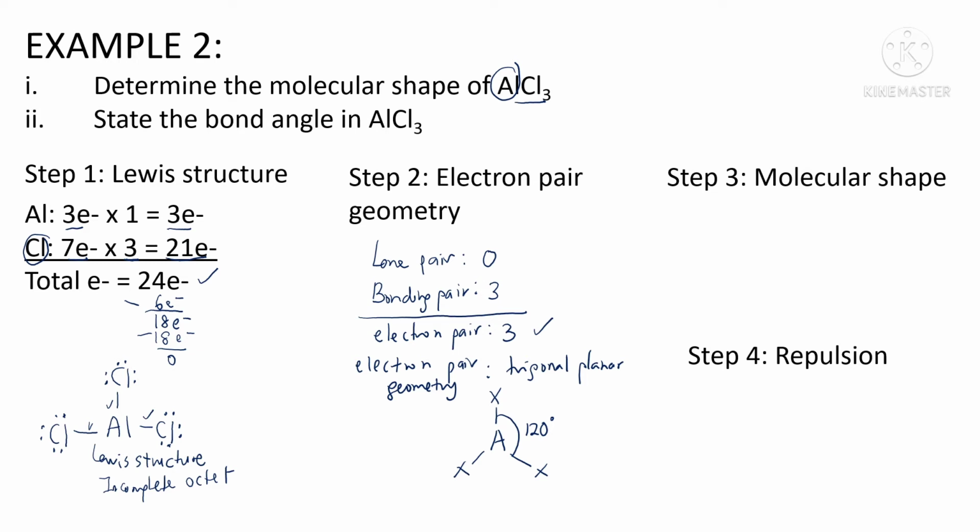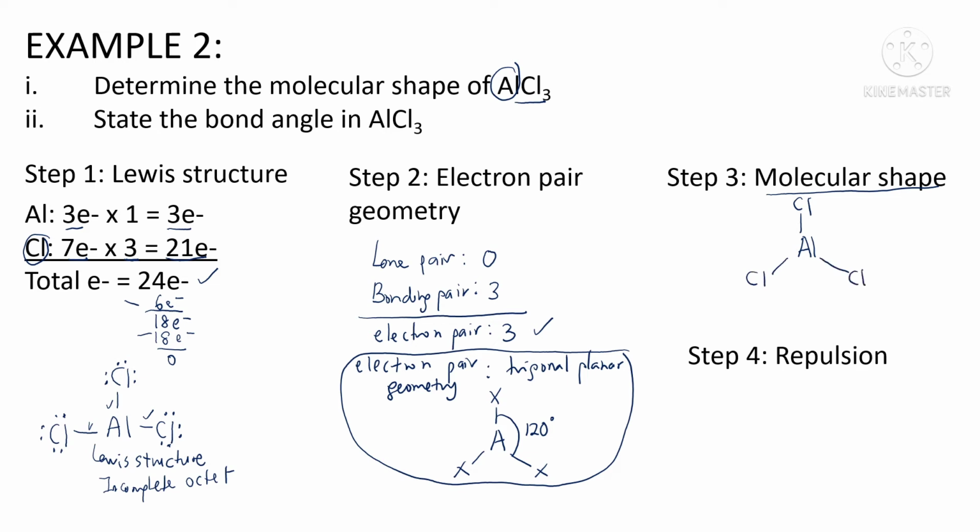Then in step number 3, we want to draw the molecular shape for aluminum chloride based on the electron pair geometry trigonal planar. So to draw that, aluminum as a central atom and the 3 bonding pairs must align like a triangle in a plane like this.